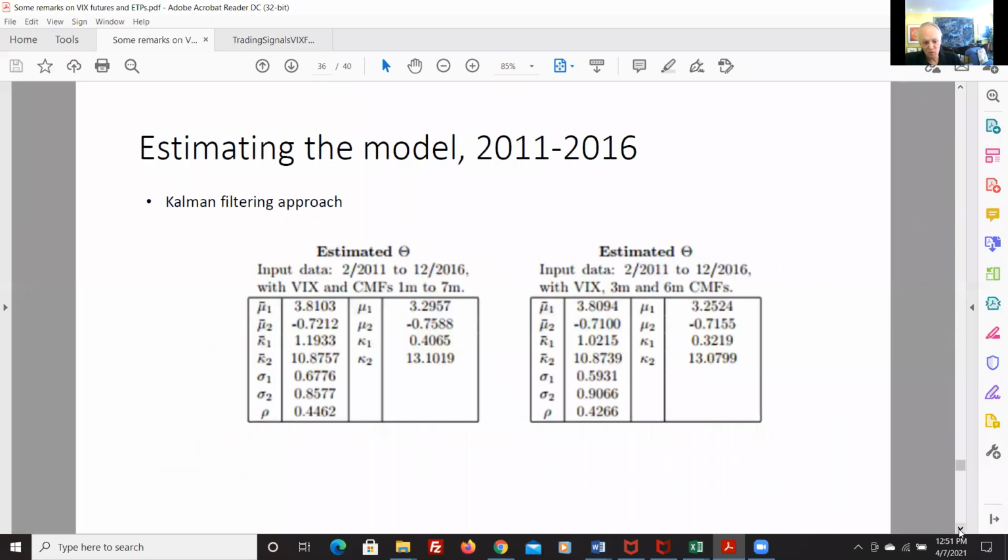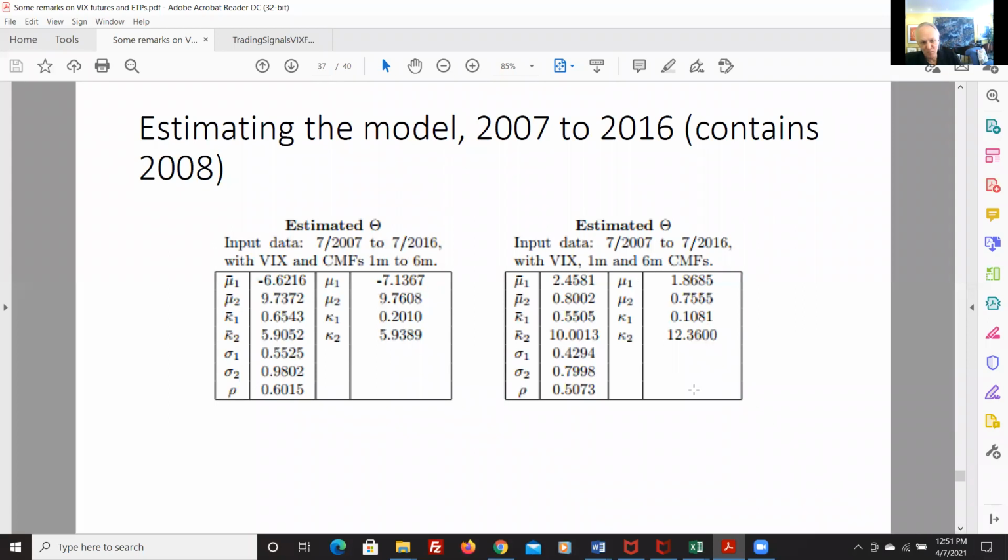Once you do that, you can actually estimate the model, and we did it. Over different data, you see here the long term and the short term. Long-term volatility is 55% annualized. Short-term volatility is almost 100% annualized.